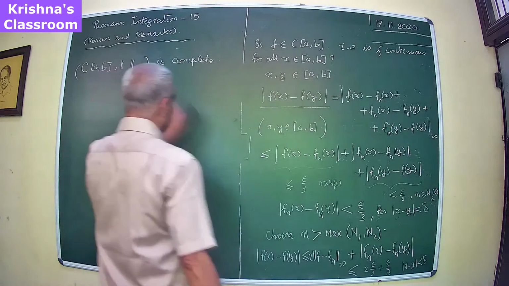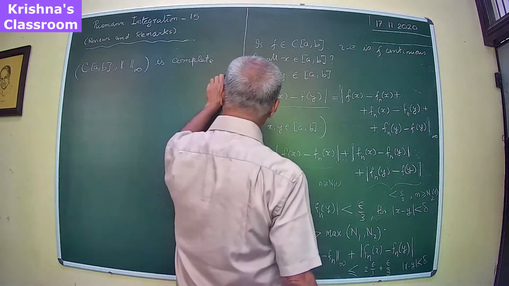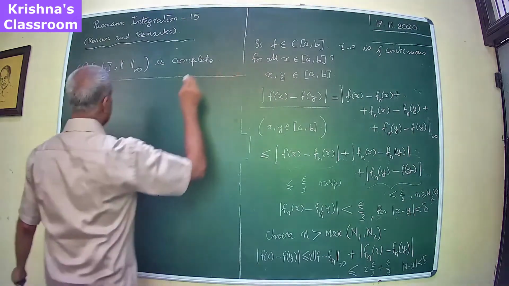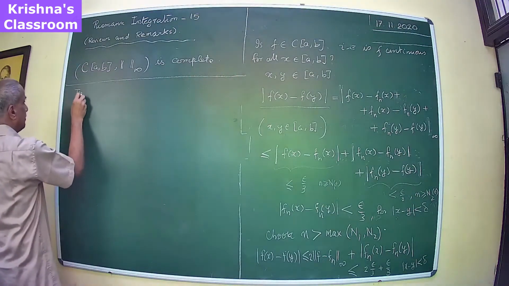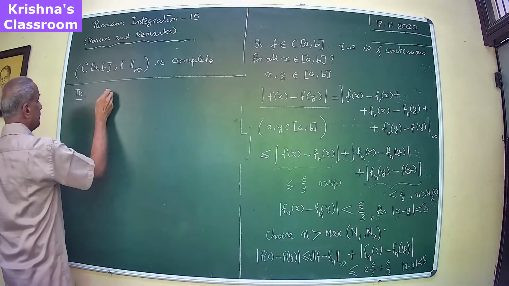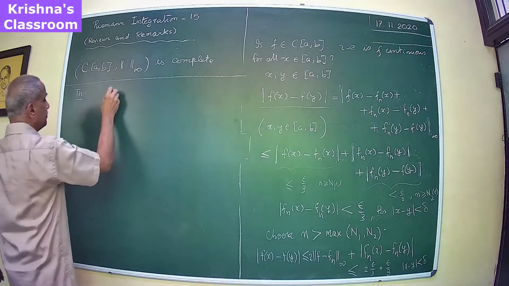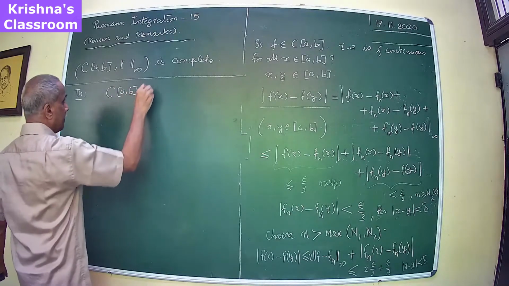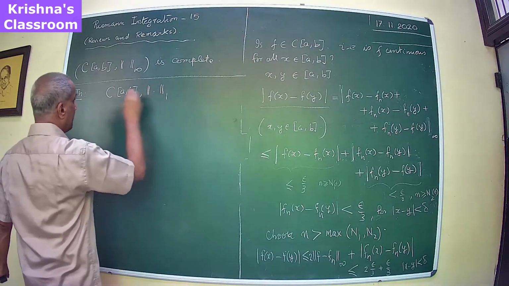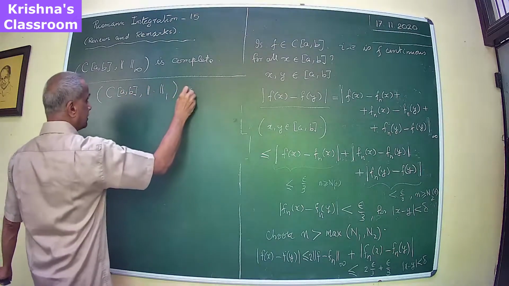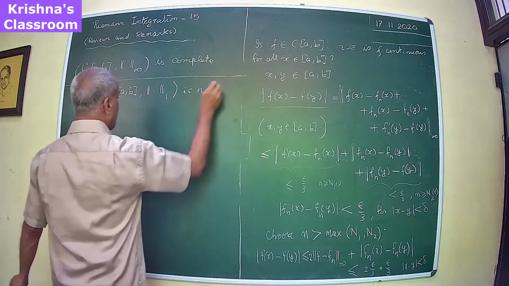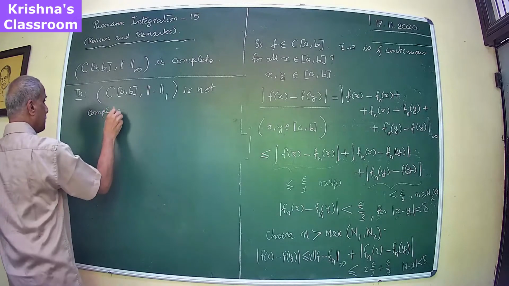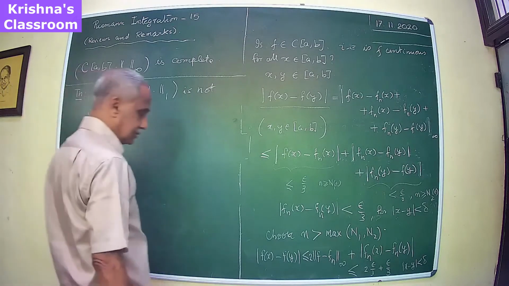What we are interested in is what happens to this space with the L1 norm. So the next theorem that we prove is that C[a,b] is not complete. This is the answer.